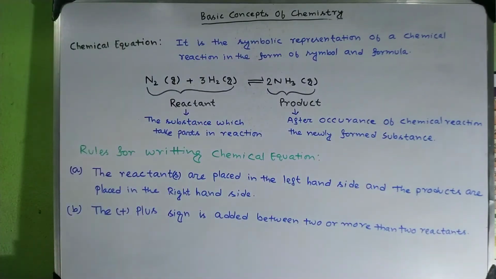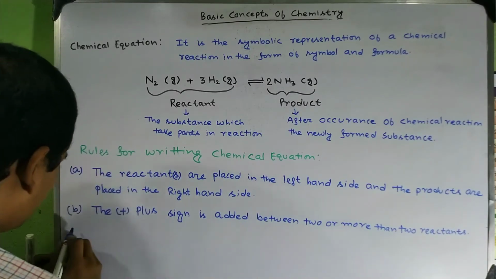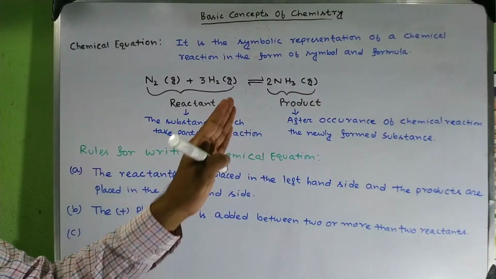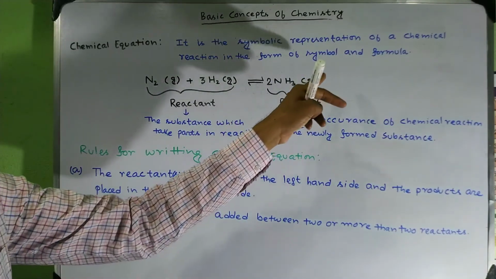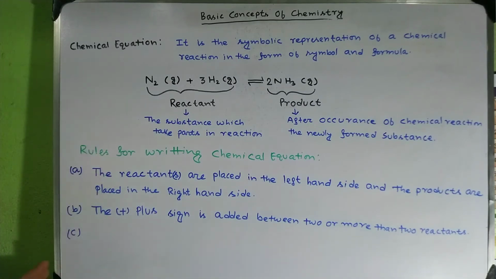Okay, the plus sign is added between two or more than two reactants. Okay, number 3, the products are written on the right hand side and they are also given a plus symbol if two or more than two products are formed.